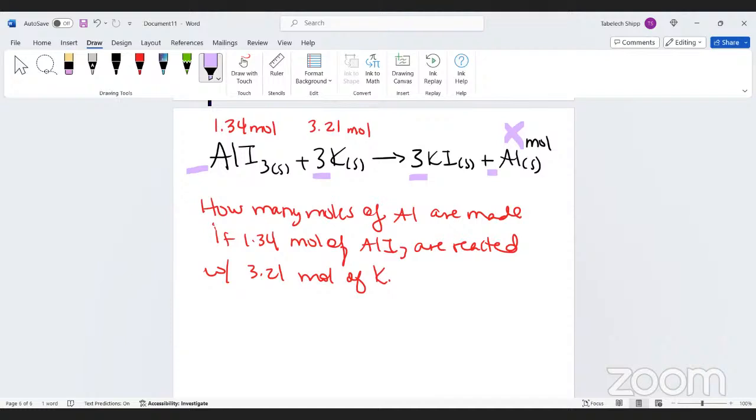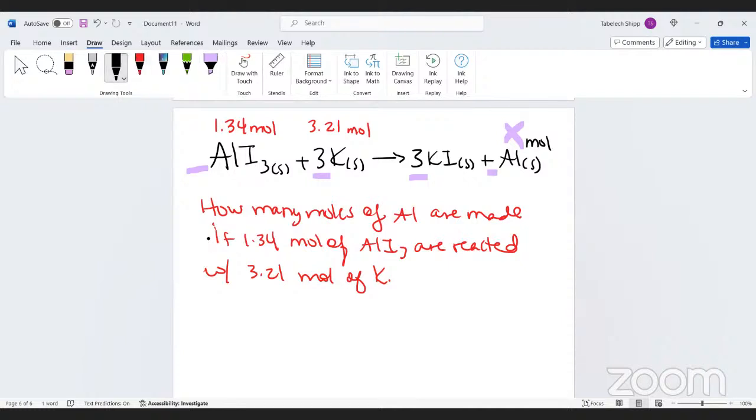If my original recipe called for 1, and then it goes up to 1.34, what do you think aluminum is going to go up to if we're using that as our choice? The answer is going to be the same thing. It's going to also be 1.34. Okay. But again, because I'm a visual learner, I'm going to write it out so you guys can see that.